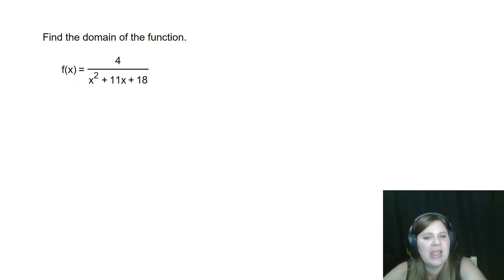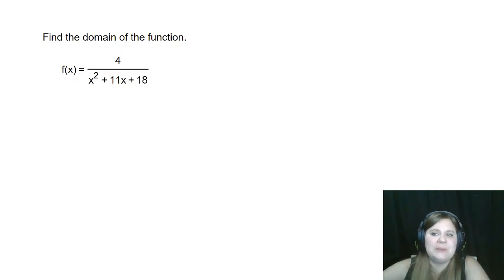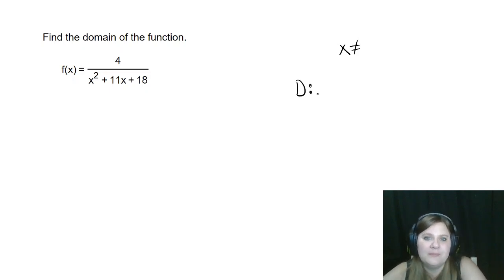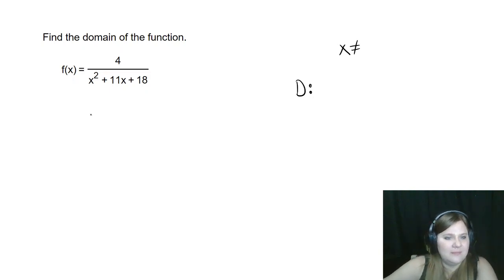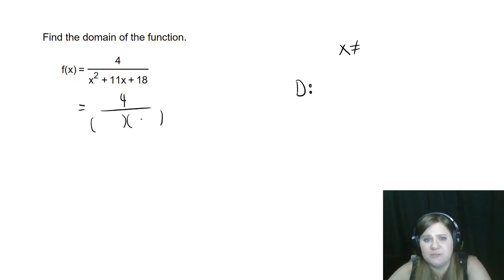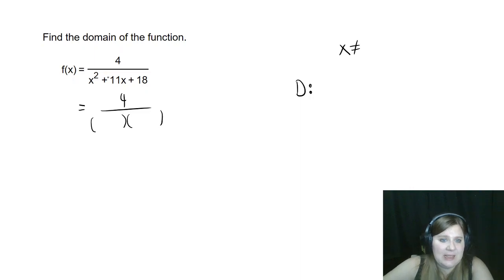Try to find the domain of this function, both in x does not equal format and in interval format. So remember, we have to start by factoring the denominator. I ask myself what two numbers multiply to 18 and add to 11.